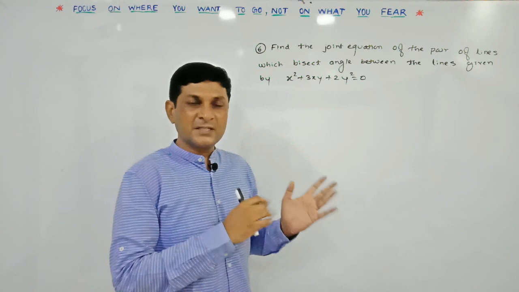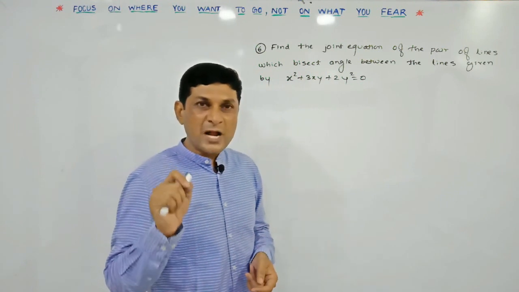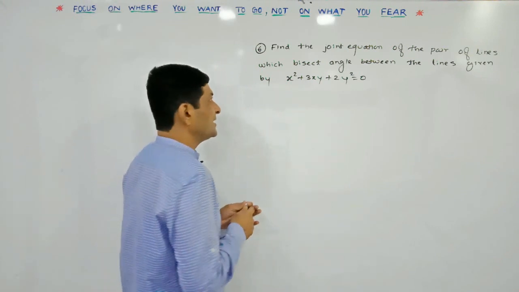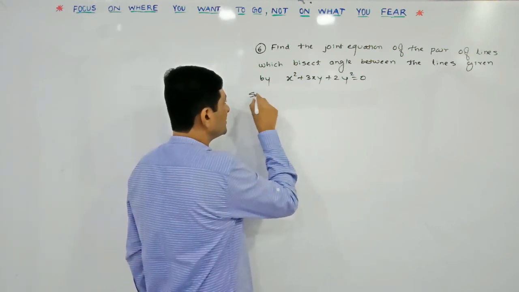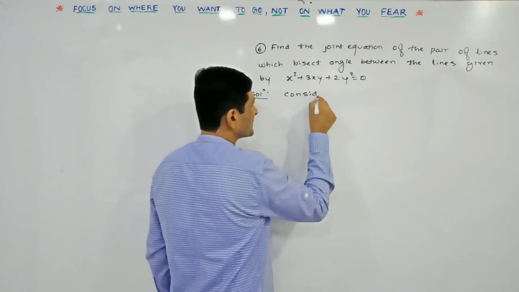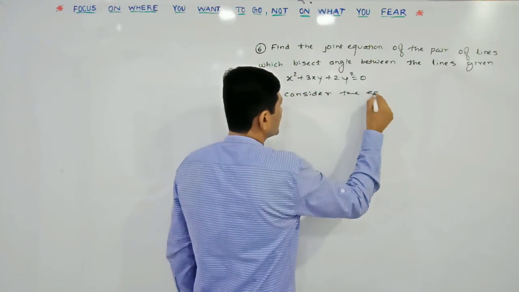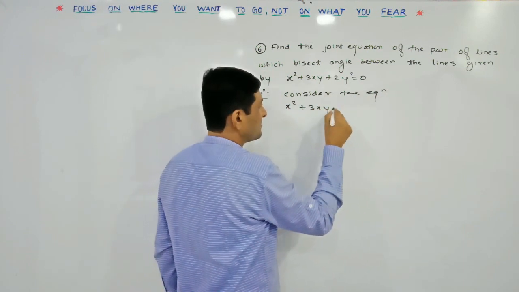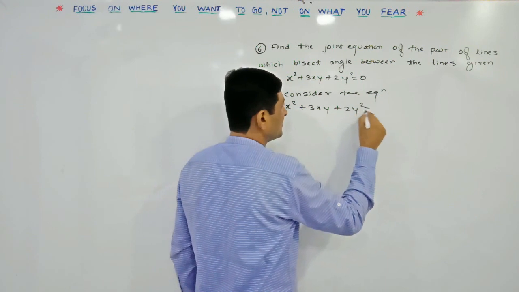First, consider this homogeneous equation and try to find the separate equations of the lines represented by it. The given homogeneous equation is x square plus 3xy plus 2y square is equal to 0.